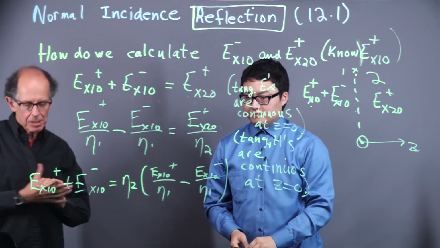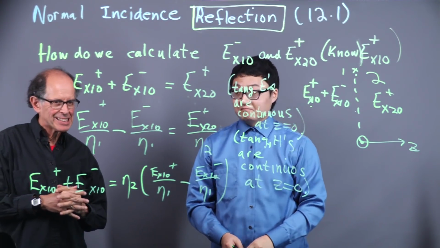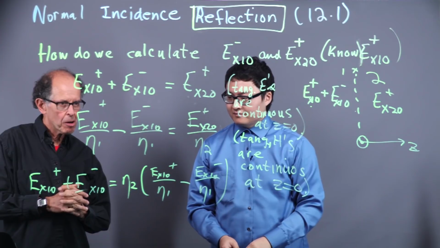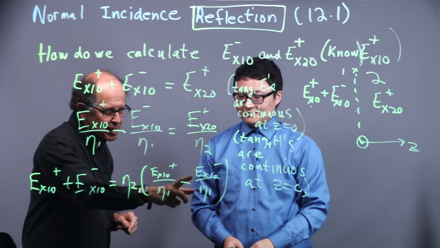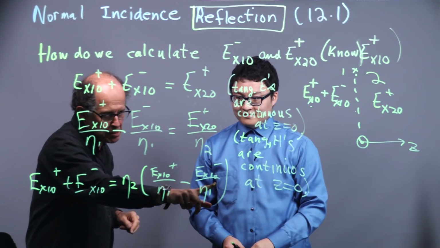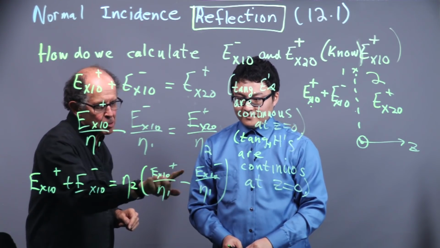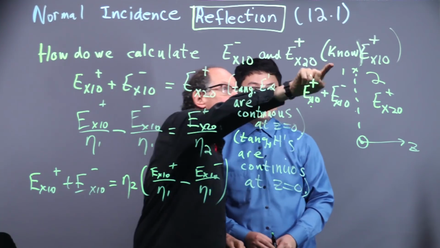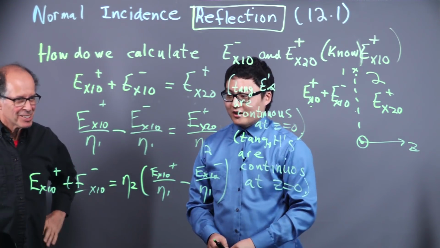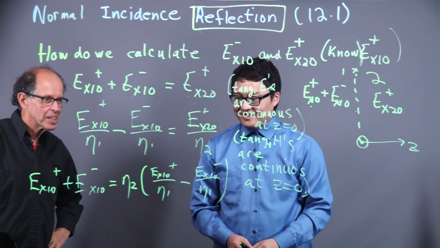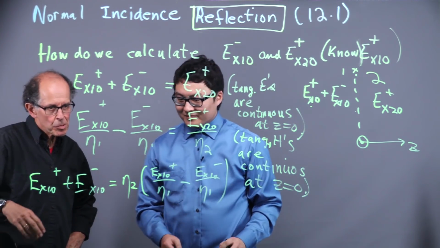Right. Now, here's the big challenge. I want you to solve on the fly, carefully, for E_x10 minus in terms of what we know, E_x10 plus. Wow, that's a thinker. How would one do that? Well, just straight algebra, so I don't know the best way to do this.